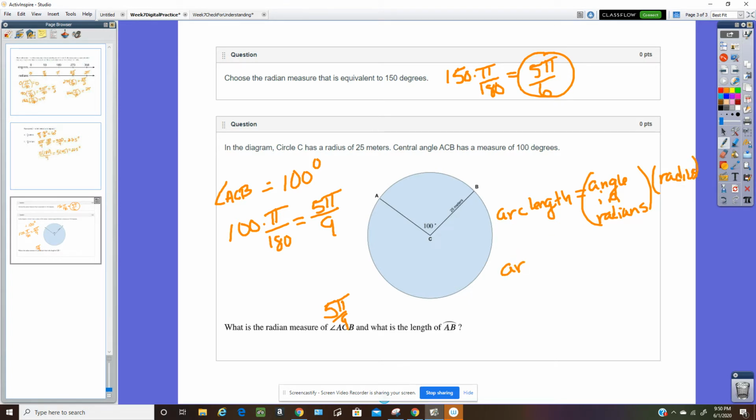So the arc length is going to be, the angle in radians is 5 pi over 9. And the radius is 25. So you get 125 pi over 9. So these two answers right here.